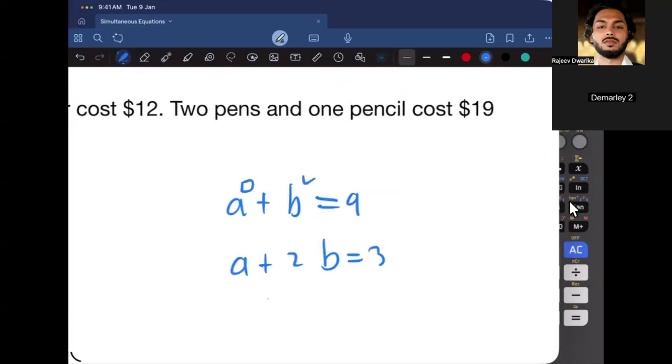No. If you're not seeing any powers, that's the simplest way I could tell you it is a linear system of equations. If it had, let me just say, a 2 over there, it wouldn't be linear. That would now be quadratic. So if you're not seeing a power, linear. If you're seeing a power, non-linear.